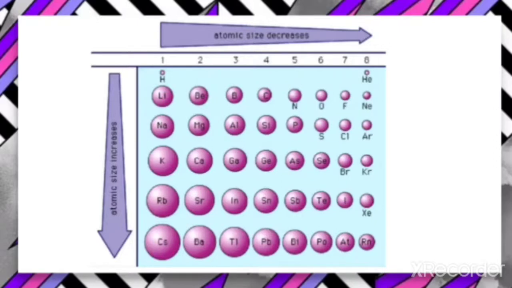Similarly, when we move from top to bottom in a group, we find that the size is increasing. Why the size is increasing from top to bottom in a group, and why it is decreasing from left to right in the periodic table, we need to discuss. That will be discussed in the next video.